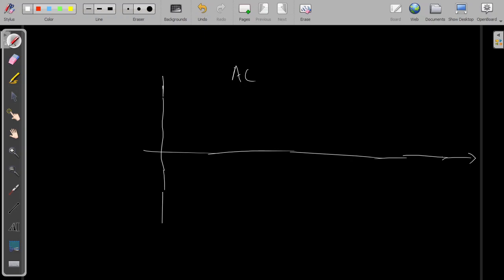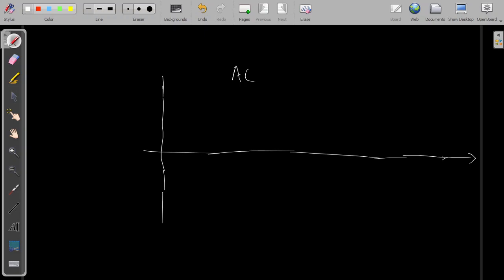We have the AC current. Even though the expansion is alternating current and alternating voltage, our terminology is AC current, AC voltage, like that.